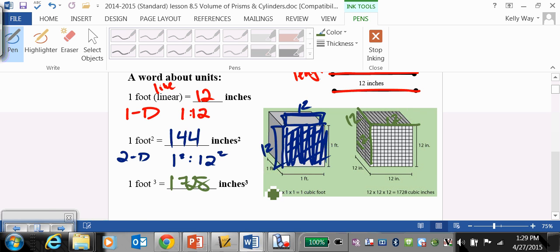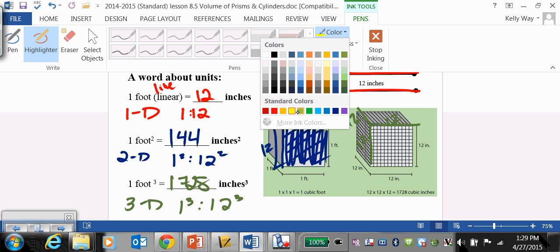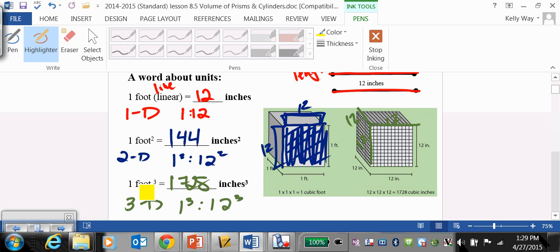And that's 3D, and that's 1 cubed to 12 cubed. Because in 1 foot cubed, there is 1,728 inches cubed.